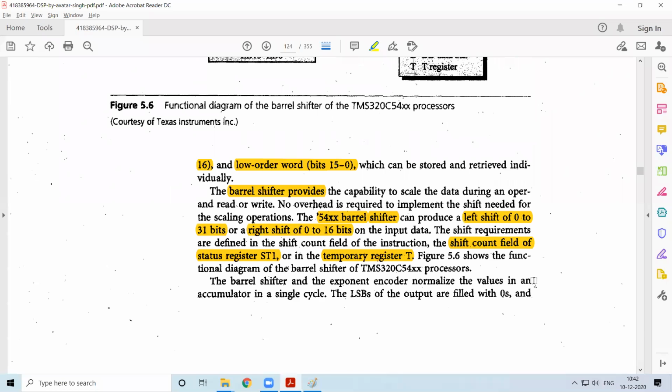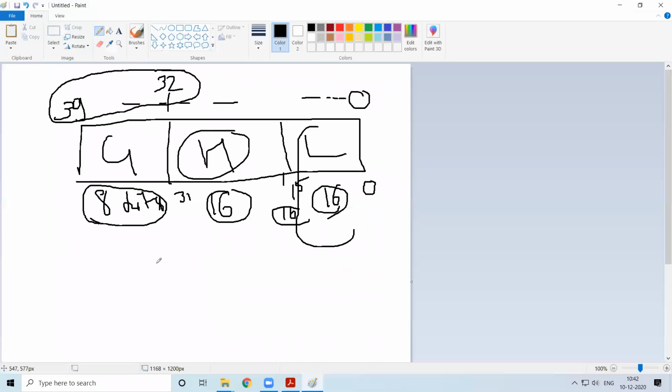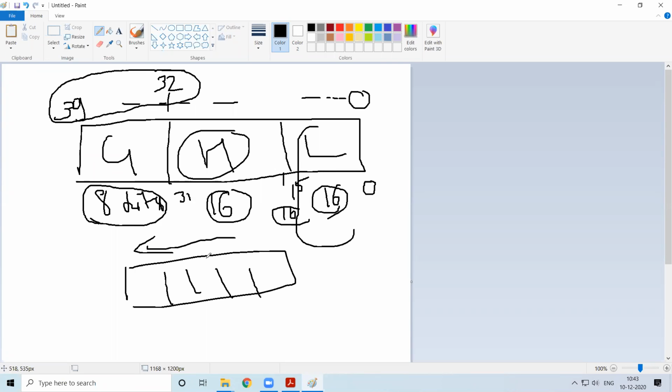Now another thing, when we are shifting, either to left or right, what should be filled in the other locations? For example, suppose I have this information and I want to shift it towards the left. Say I'll be shifting 2 bits.